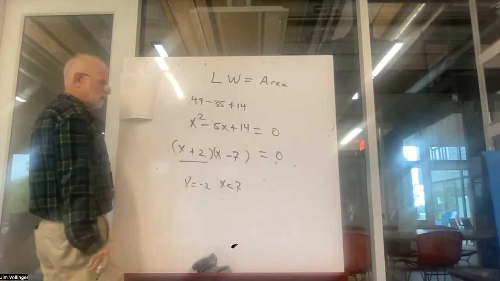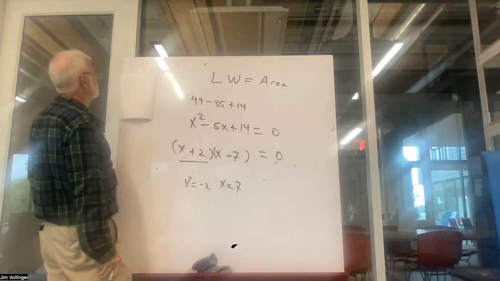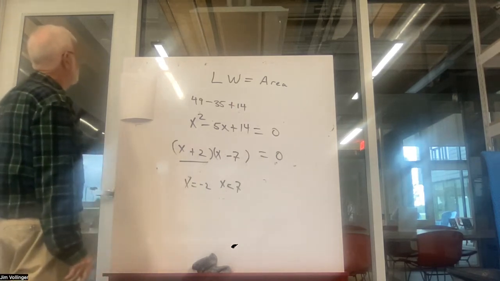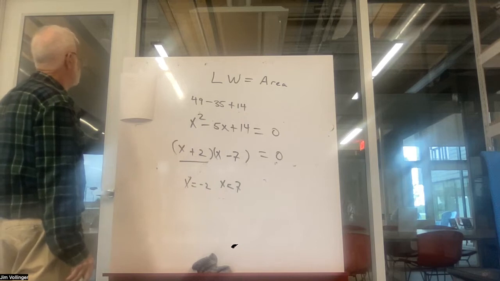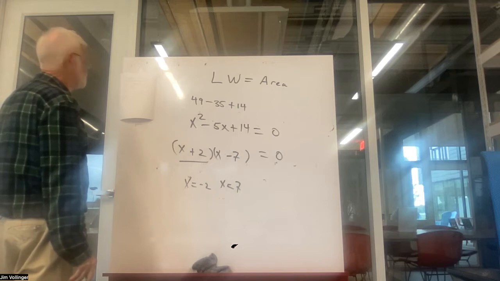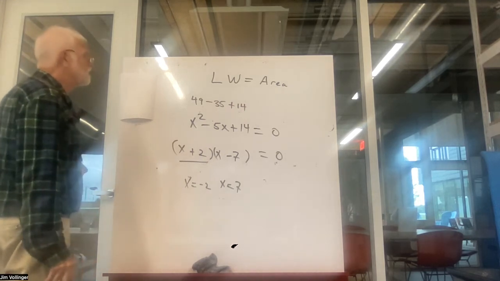I don't think that worked. Did I make a mistake? Oh, I did a typo here. I did the last problem. I thought I did this one earlier. X squared minus 5x minus 14. X minus 7, x plus 2 is correct. I plugged in a 7.